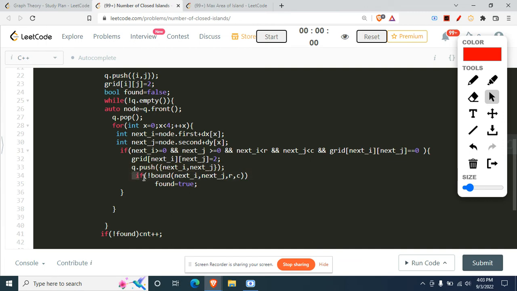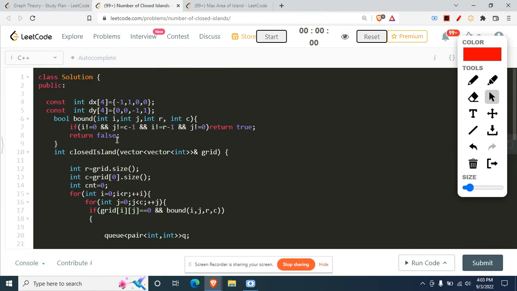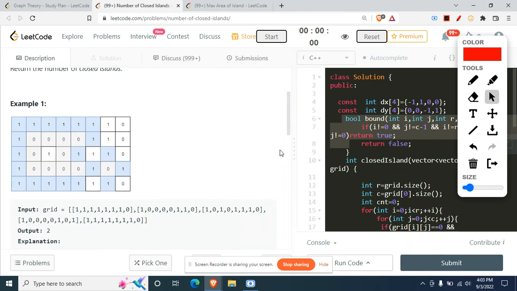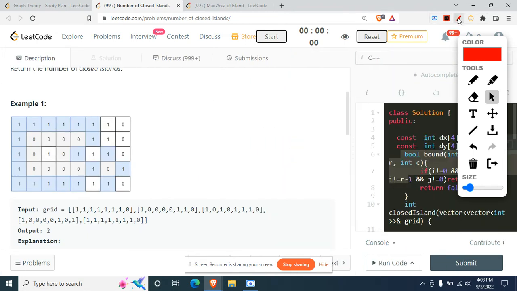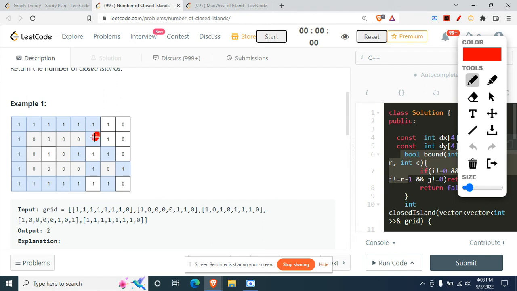Now we also want to check whether that is an edge value or not. This bound condition that we wrote earlier was a function saying whether it is actually an edge, which we obviously cannot take, right? So why? Let's see. If we have some test case where this is also 0, this is also 0, and this is also 0.